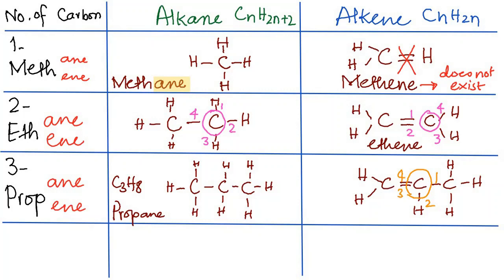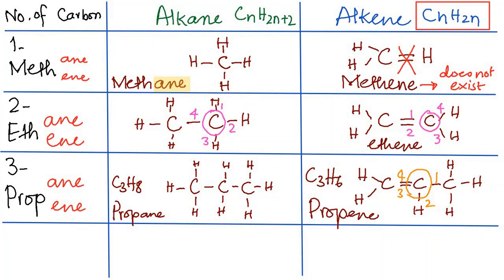The name of this compound is propene. The molecular formula is C3H6. This formula could be obtained by using the general formula of alkenes flashing in the right side rectangle.